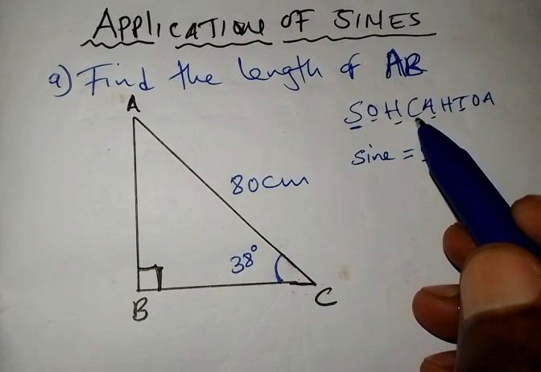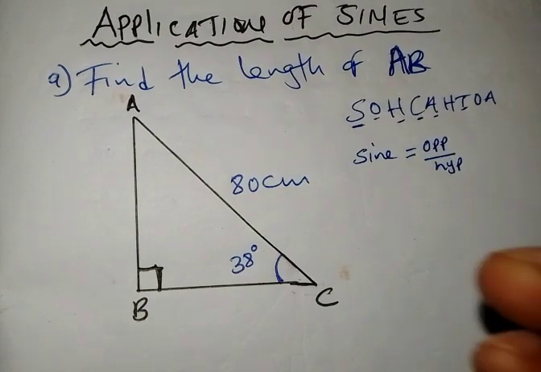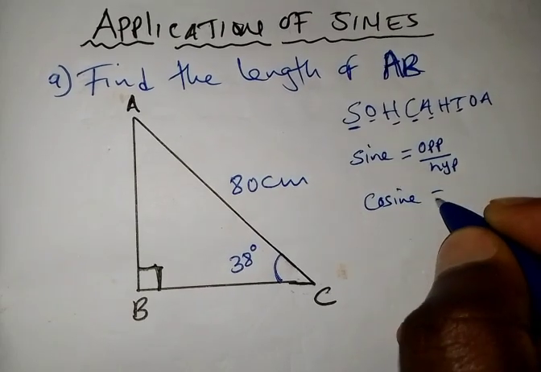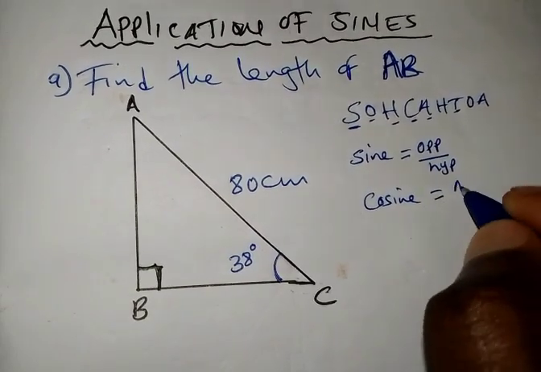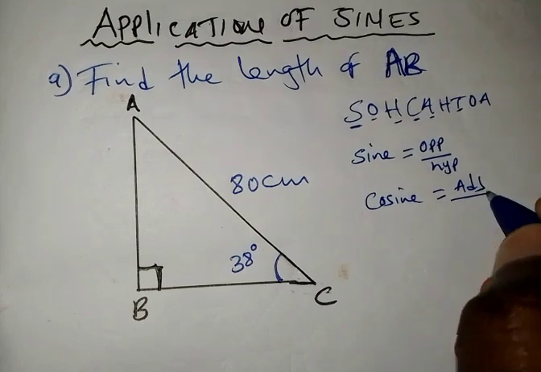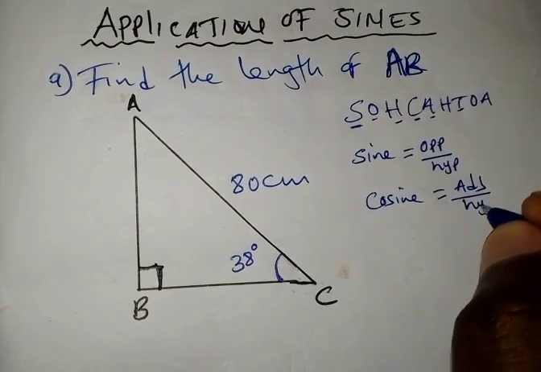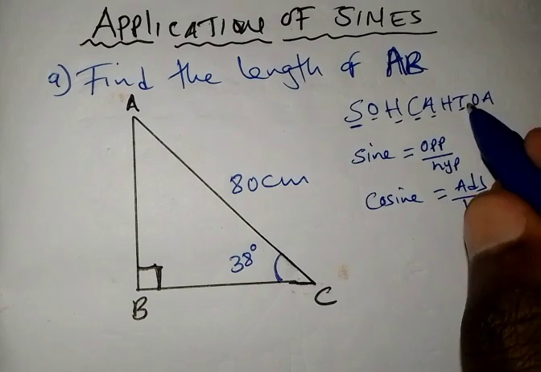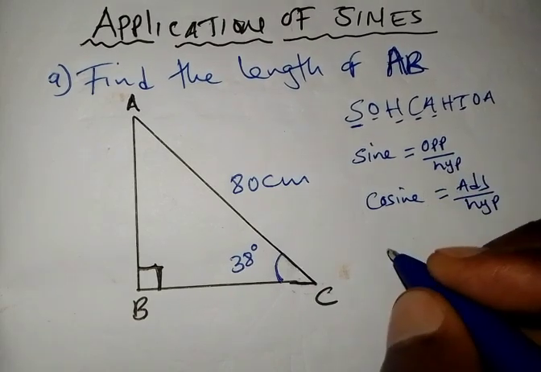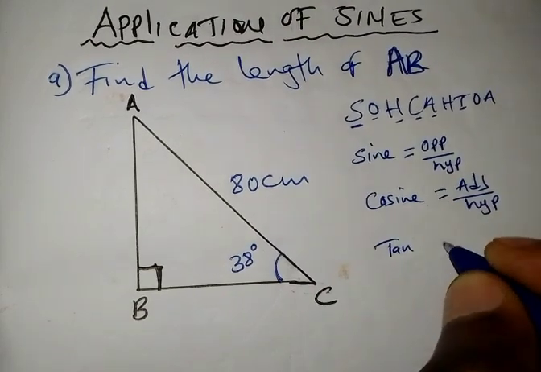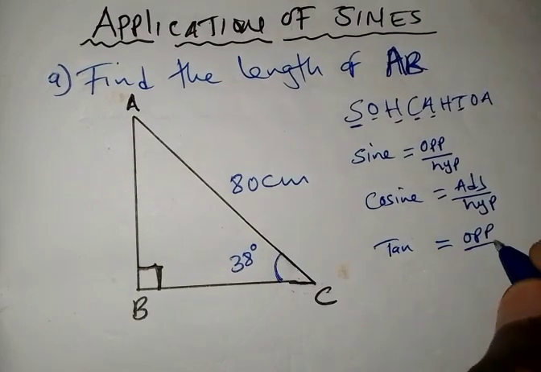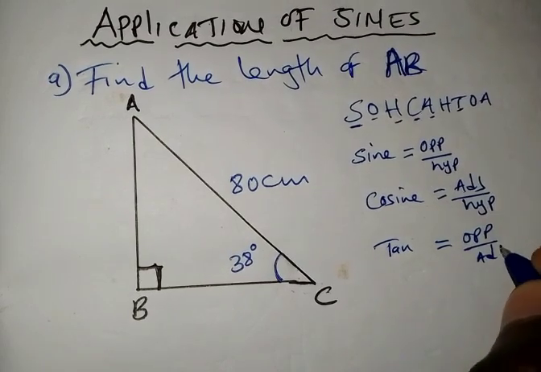If you want to get the cosine of any angle, the cosine is given by the adjacent divided by the hypotenuse. And if you want to get the tangent of any angle, the tangent, or tan, is given by the opposite divided by the adjacent.